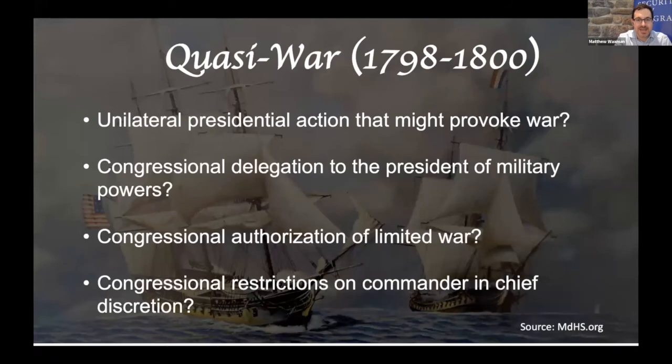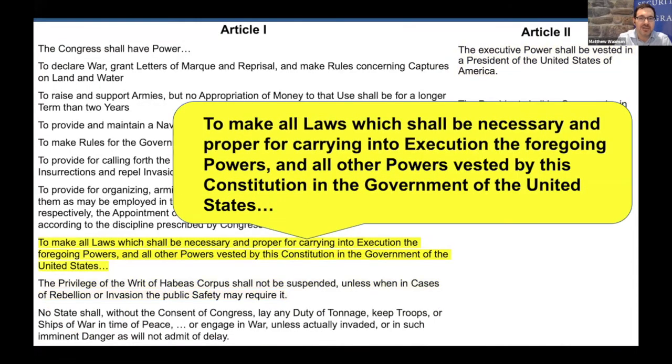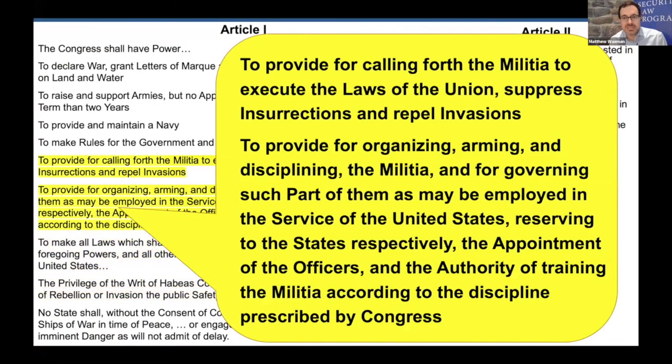And I'll just go back to the militia clauses here. The militia clauses in their text call for states to retain control over the officers for their militias. And this was a tool that New England governors used in order to try to maintain some control over how their militia were used in this war.